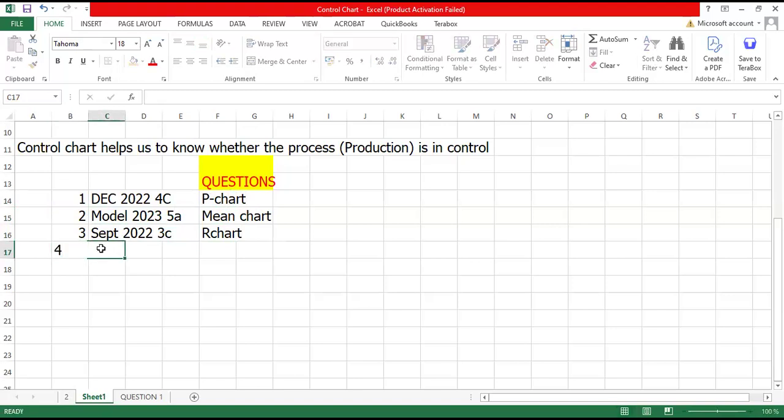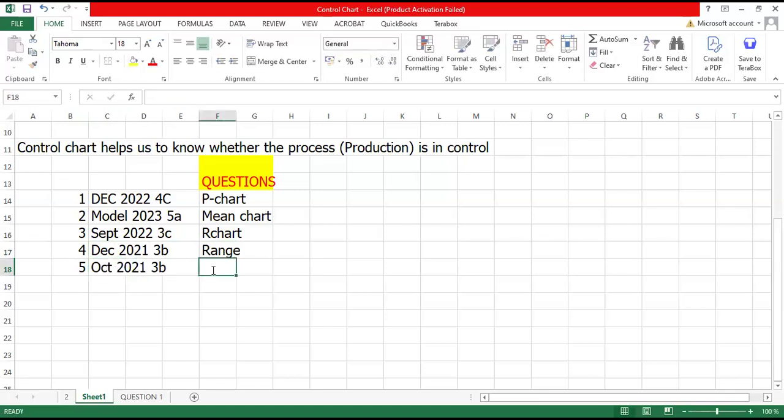Then we have December 2021, 3B. This one talks about range also. Then we have next question, October 2021, question 3B.